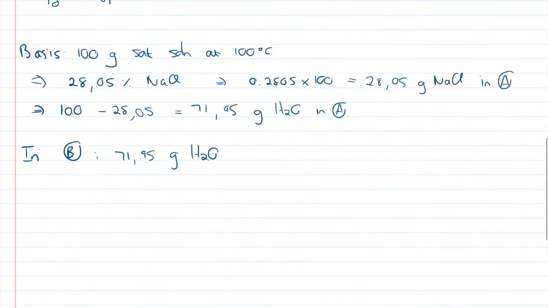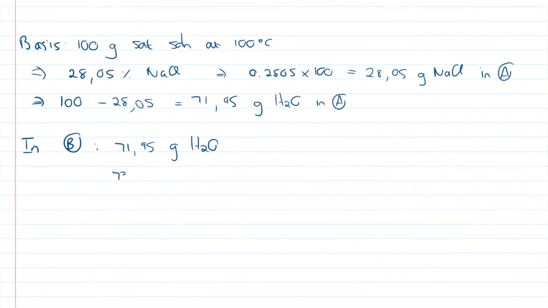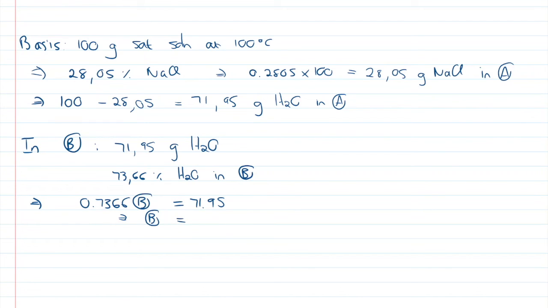So then we have 73.66% water in B. Which means this 71.95 grams is 73.66% of the total. So 73.66% of the total B is equal to 71.95. So I can solve for the total mass in stream B, and that is 97.68 grams solution.